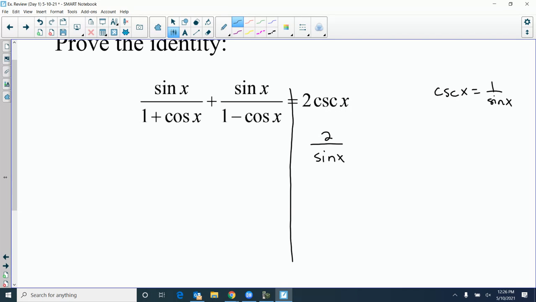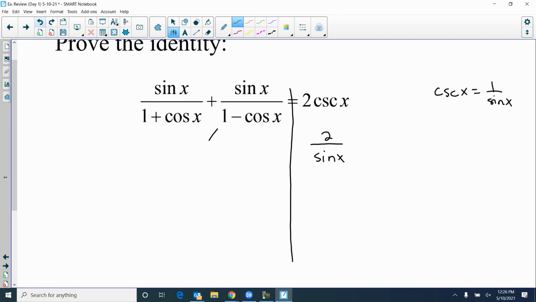You're going to get into a mess there. I know what he's saying. He's saying cosine squared x plus sine squared of x can replace that. But we're going to run into issues there. You've got the right idea, but we're going to have to get to it a different way.